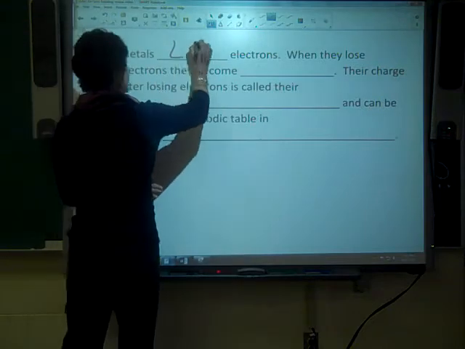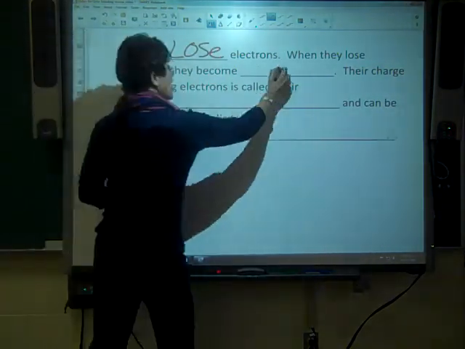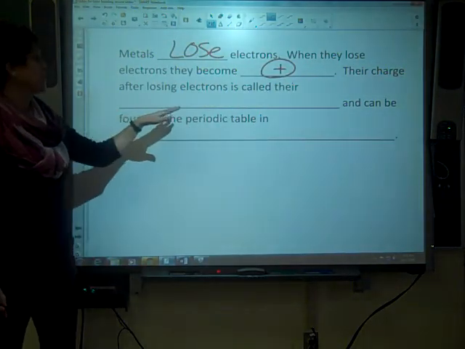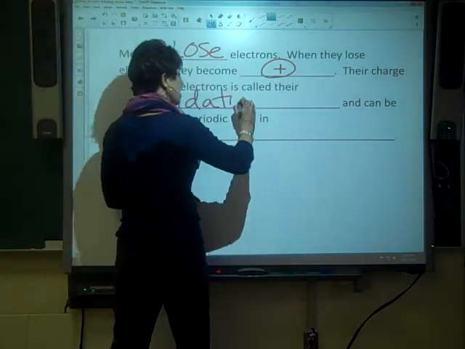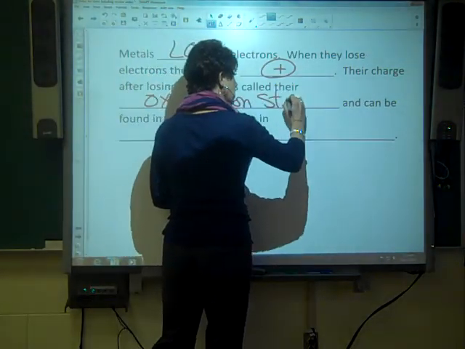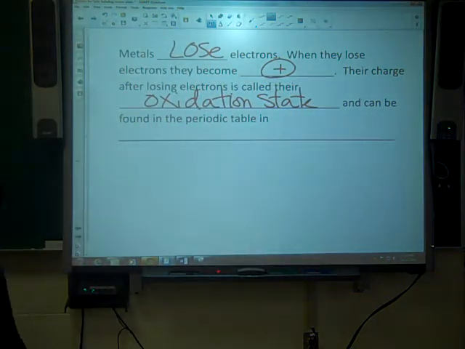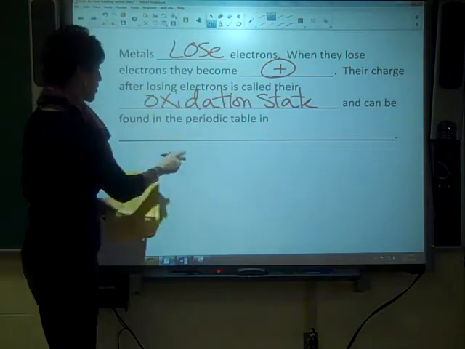Metals lose electrons. When they lose electrons, they become positive. Their charge after losing electrons is called their oxidation state. And you can find it on the periodic table right up here in the top right corner.